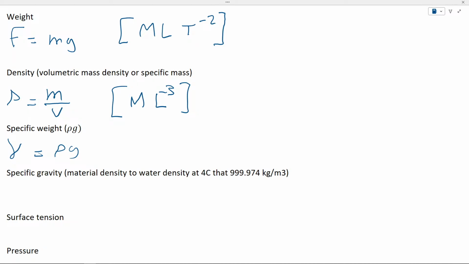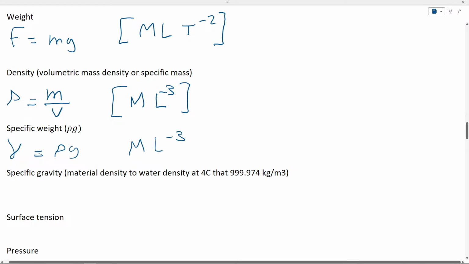And the dimension of g is L over t minus 2, length over time squared.